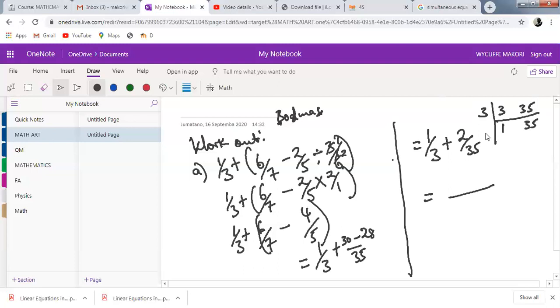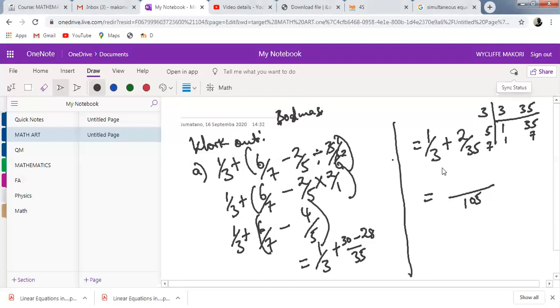So we can have 5 and 7, so it's actually 35 times 3. Let me open my calculator here: 3 times 35 is actually 105. So the LCM is 105.